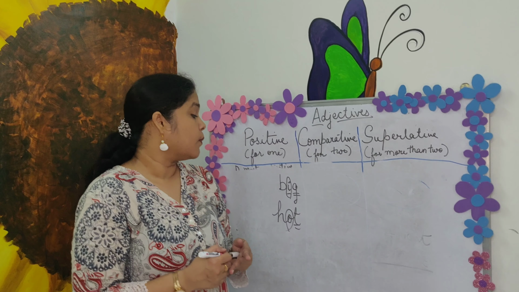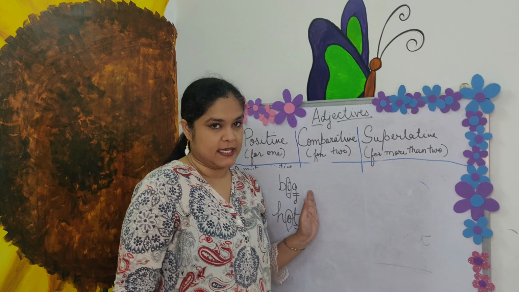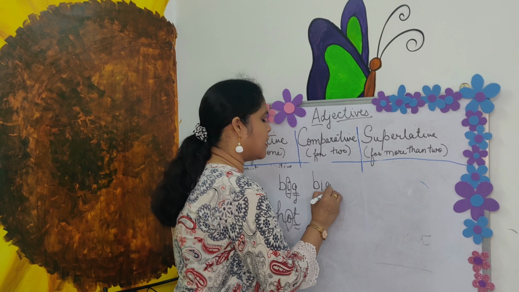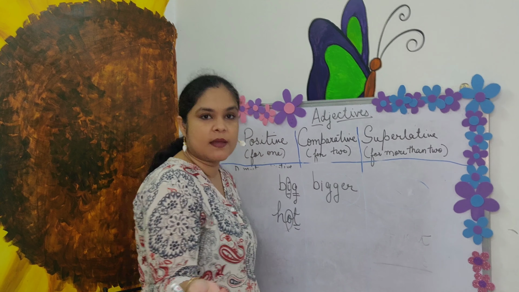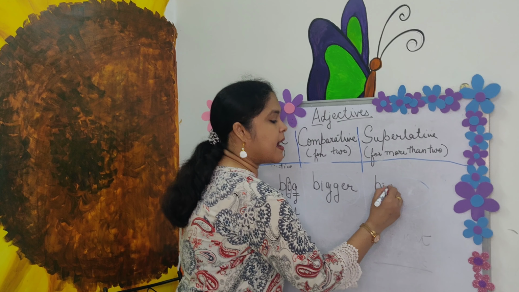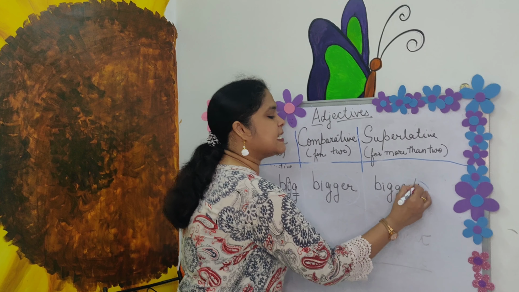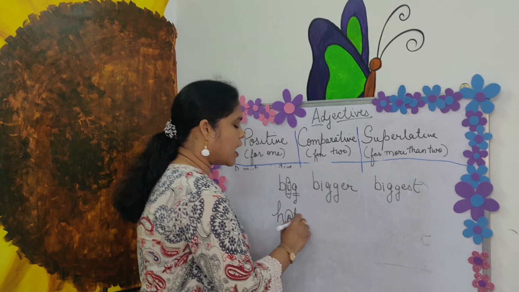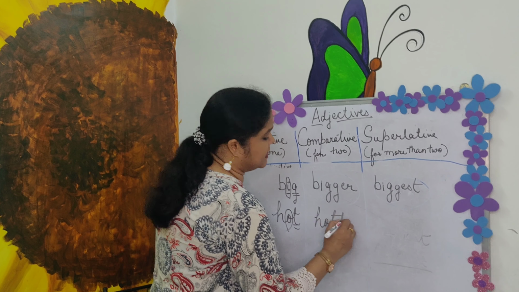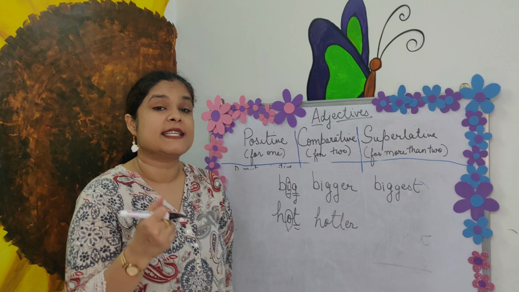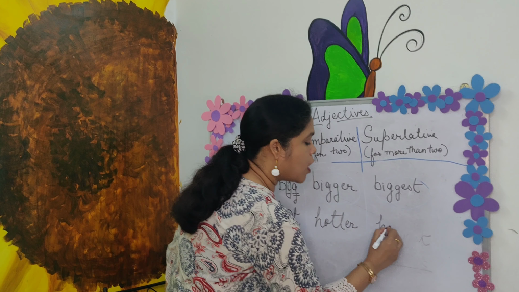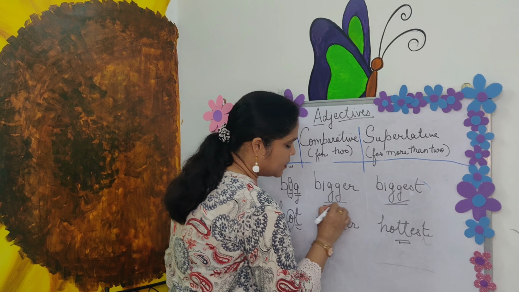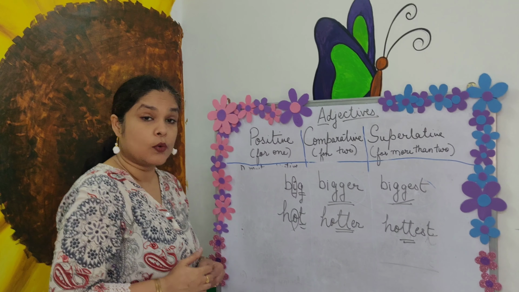In that case, the consonant it is ending with gets doubled. For example, big becomes bigger. So double G and ER is the basic rule. Biggest, B-I-G-G-E-S-T, double G. Hot became hotter. Oh, it's very hot today and the days are getting hotter. So hottest, double T, H-O-T-T-E-S-T. So the consonant got doubled. Okay, so these were a few rules that we studied.